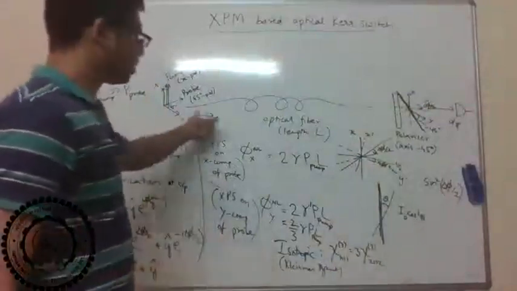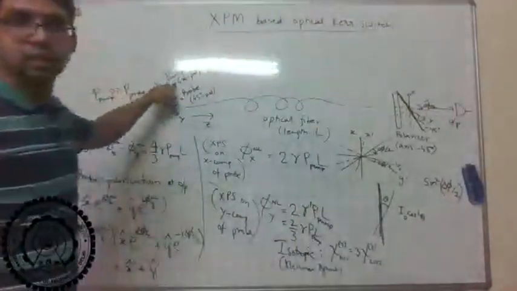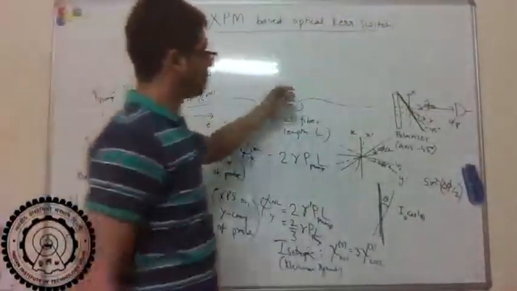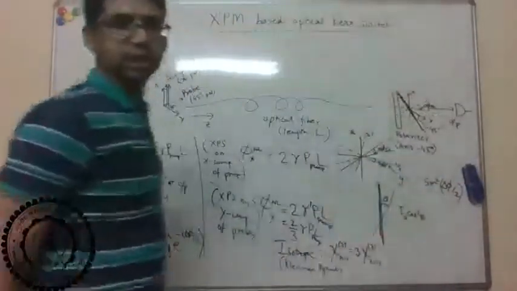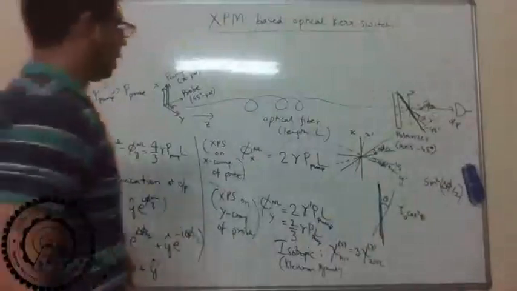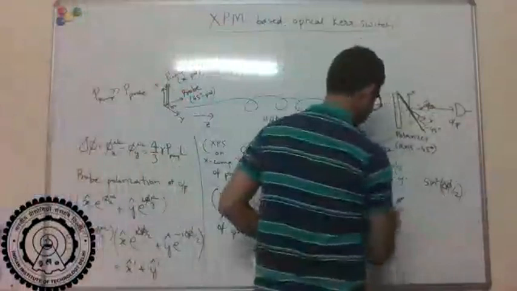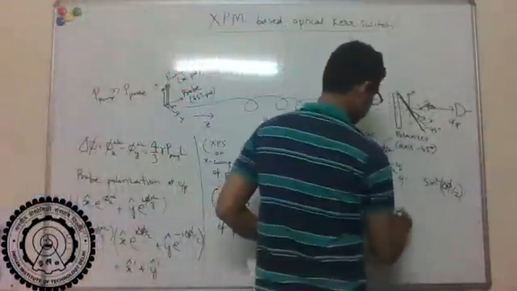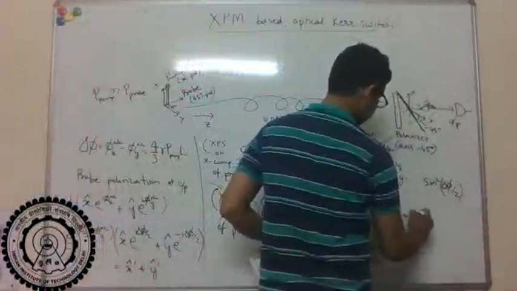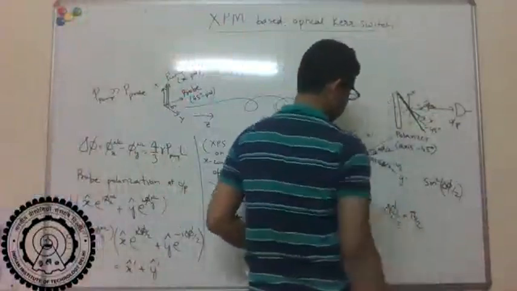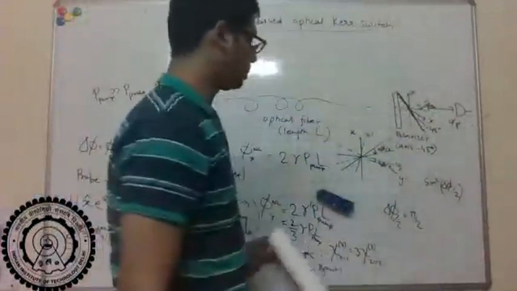So basically, in the absence of the pump, there is no output. But whenever the pump is present, it causes some of the probe to go through, and be detected in the output. And so if delta phi by 2 is pi by 2, then all of the probe is transmitted due to the pump.